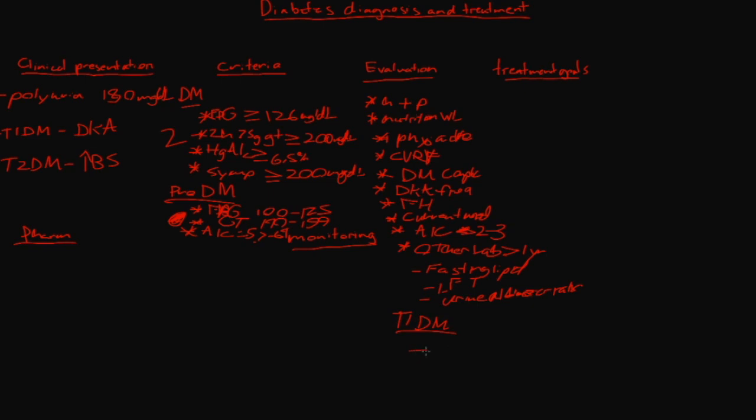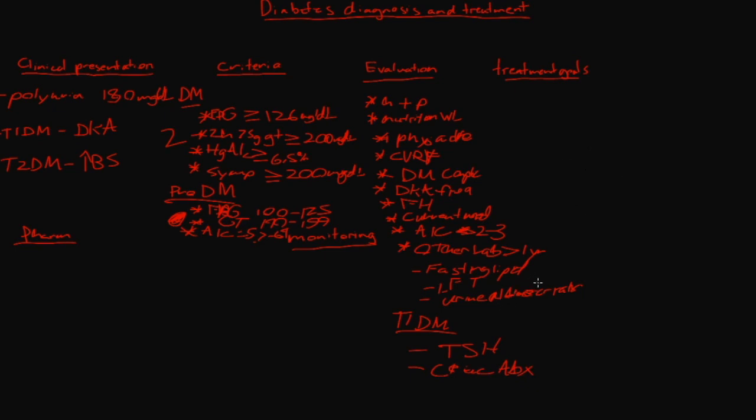Newly diagnosed, there are a lot of diseases that coincide with type 1 diabetes. It is an autoimmune condition. You need to assess the TSH. Do they have any thyroid problems? All right, you need to check for celiac antibodies. You want to see if they got any other related autoimmune conditions. It's a no-brainer.